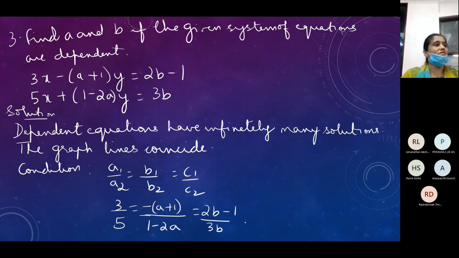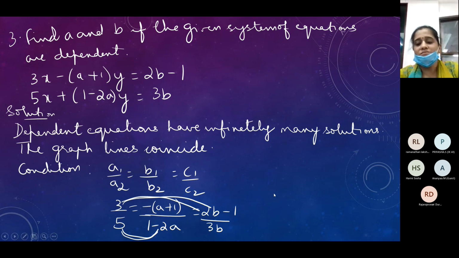Now, how will you find the values of A and B? Equate these two to find the values of A and equate these two to find the values of B. Equate the first and the second to find the value of A. Equate the first and third to find the value of B. All right? Yeah. Completed. Yeah, that's fine.